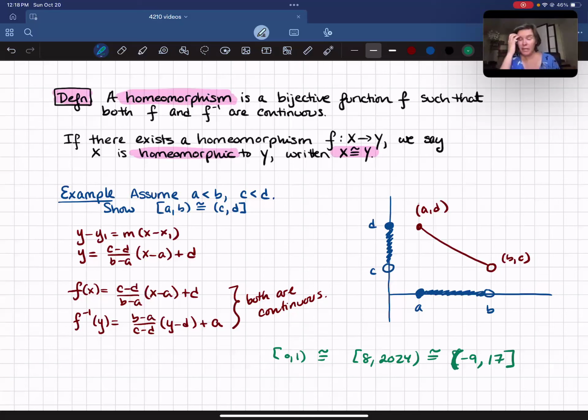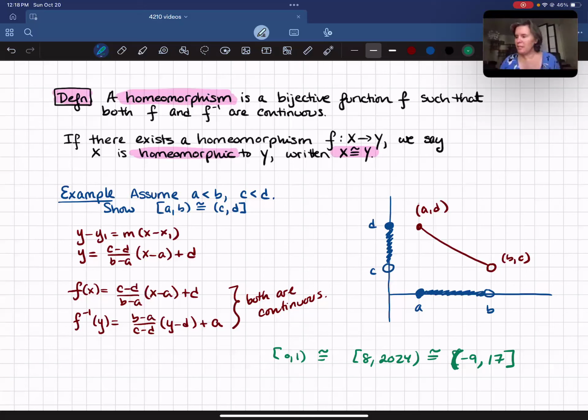Okay? So it's saying that all of these intervals, as long as you have one endpoint included and one not, are all topologically equivalent. They've just been stretched or slid back and forth on the number line, but topologically, they're the same thing.